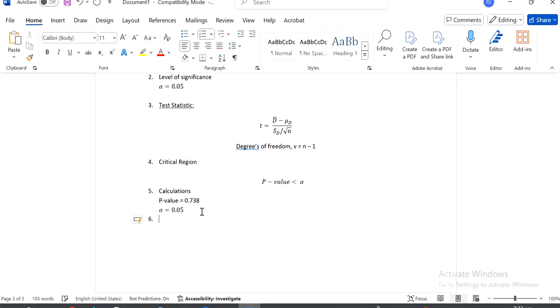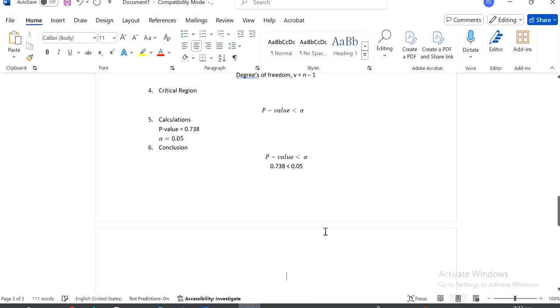Step number 6, conclusion. We need to check if 0.738 is less than 0.05. As you can see, the p-value is not less than 0.05.